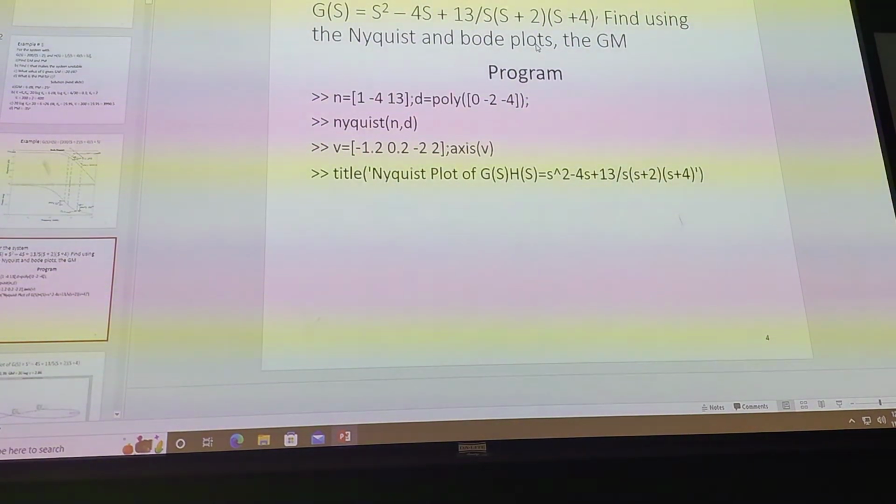Then, if there are no poles on the right half of the plane, P is 0. In order to be a stable system, it has to comply with this. If this is 0, in order not to have poles for the closed loop system on the right half of the plane, N has to be 0. Do you agree?